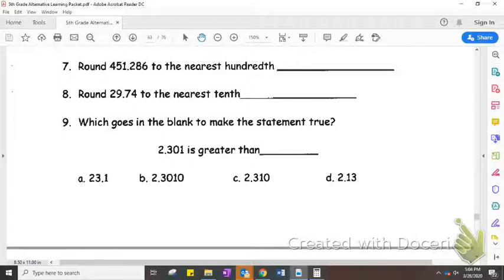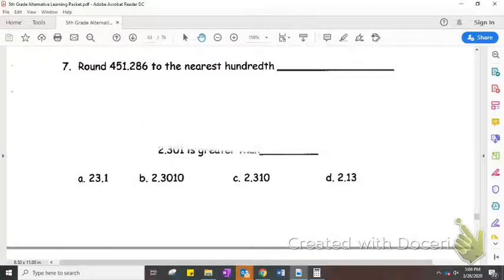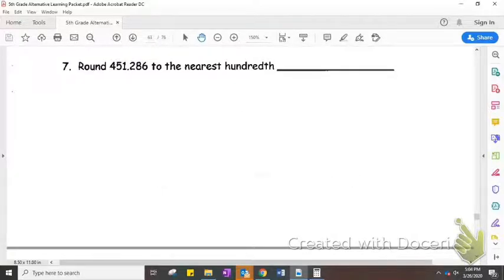So in order to do that, we need to highlight the digit in the hundredth place, which is 8 hundredths.